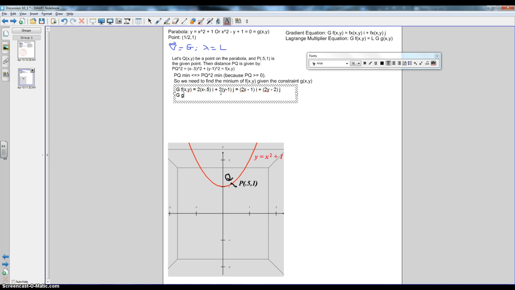Let's find the gradient of g(x, y). It equals 2x i minus j.